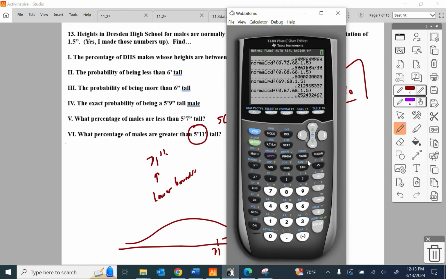So second, VARS, normal cumulative density function. The lower boundary is going to be 71. I'm going to make up a ridiculous height of 120 inches. It can be anything. It's not going to matter too much, but it needs to be a ridiculous number. There's not going to be many males above that height. According to that, about 2.3%.